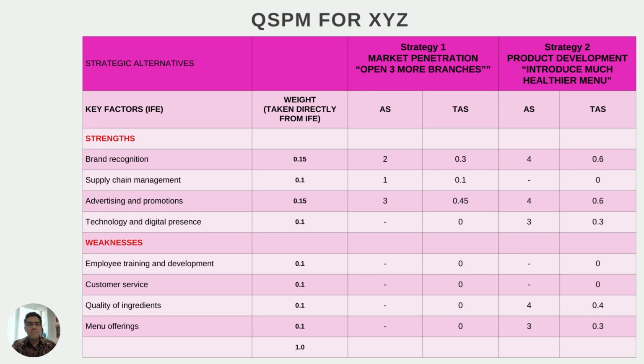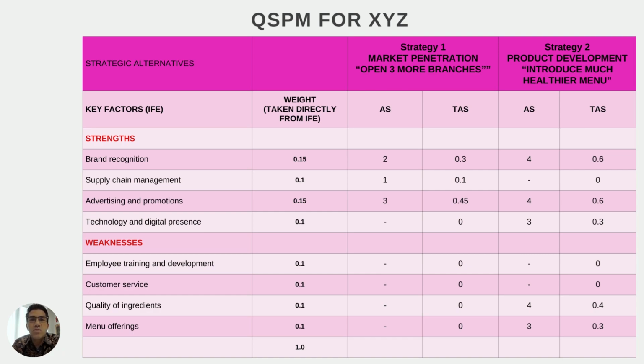Step number 5, you just need to multiply your weight and also your attractiveness score in order for you to obtain your total attractiveness score. So how do I get 0.3 here? It is just simply multiplication between the weight of brand recognition, 0.15, times 2.